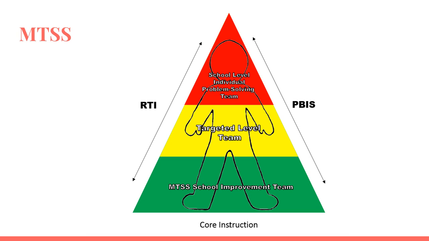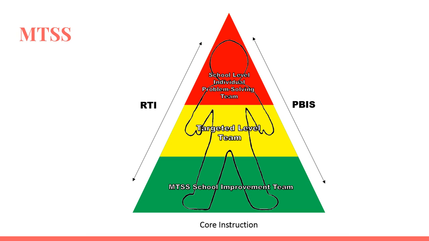And the side that says PBIS is positive behavior interventions and supports, and that looks at that behavior piece. So we can look at both things, which fits with special education really well, because we don't only look at that academic piece, we look at how those behaviors interact as well. So this is not special education, but this is the whole school.